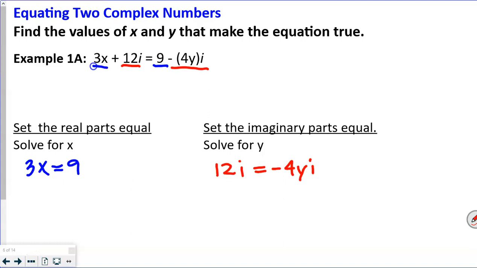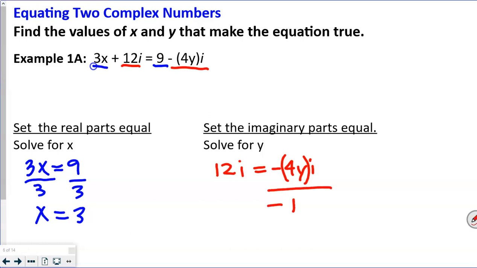Now we're going to use the same properties we've always used to solve these, right? On the left, we're just going to divide both sides by 3. So x is equal to 9 divided by 3, which is 3, right? Now on the right, we have to get y by itself. So we're trying to get the x by itself on the left, and on the right, we're trying to get the y by itself. So we want to divide by everything that's not y.